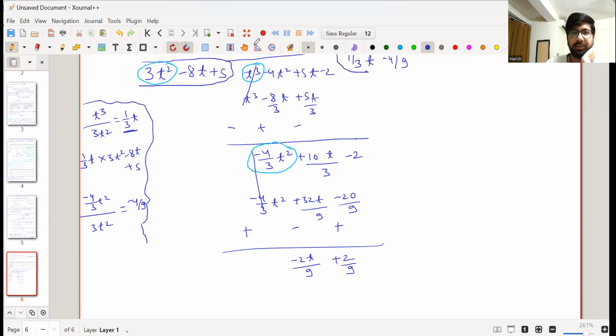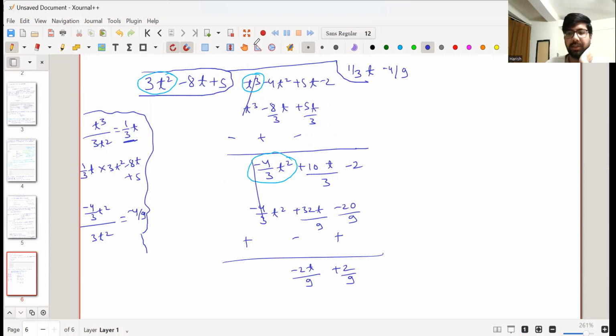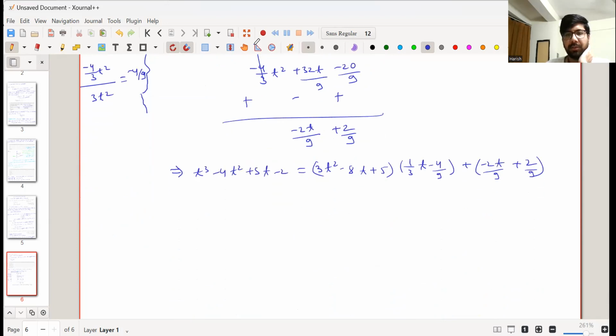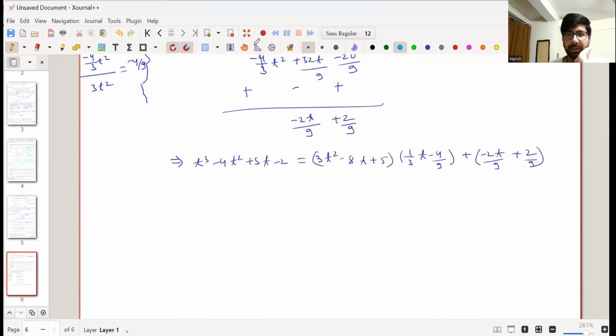Okay, so all this calculation implies your t cube minus 4t square plus 5t minus 2 is equal to 3t square minus 8t plus 5 times 1 by 3 t minus 4 by 9, and then you have plus minus 2t by 9 plus 2 by 9.